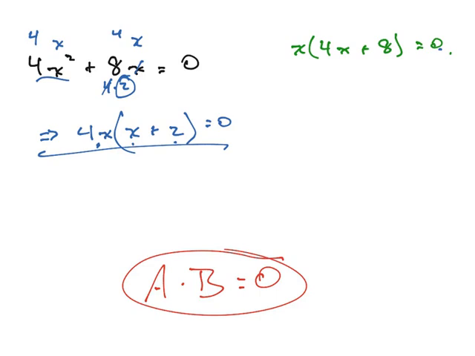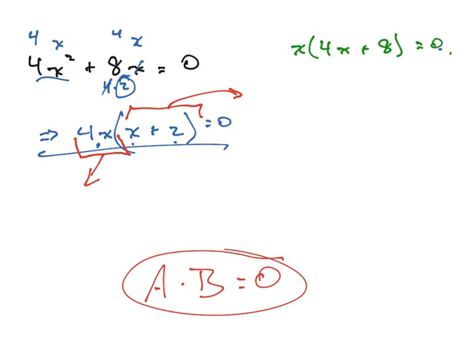But this problem is identical. Notice, here's one number sitting there. This parentheses is some other number. So in reality, this blue equation I wrote is some a, called 4x, and some b, called x plus 2, equal to 0.